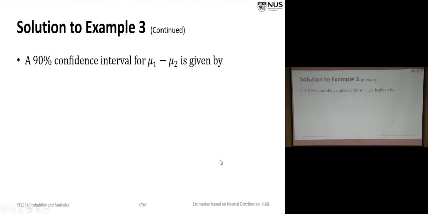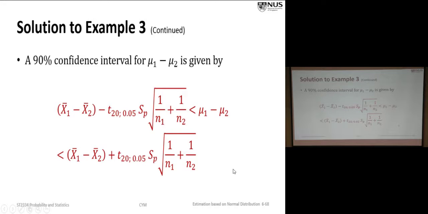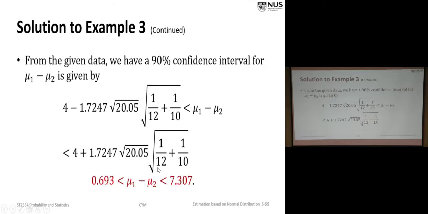So we substitute all this in the formula, and also we calculate this. This is N1 plus N2 minus 2, which is 10 plus 12 minus 2, so it's 20. So this is the confidence interval. The difference between mu1 and mu2 is between 0.69 and 7.3.